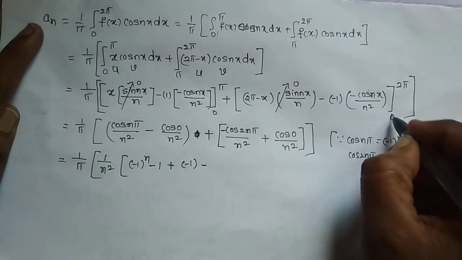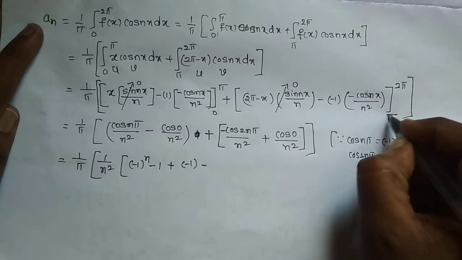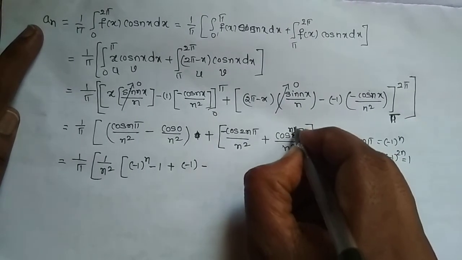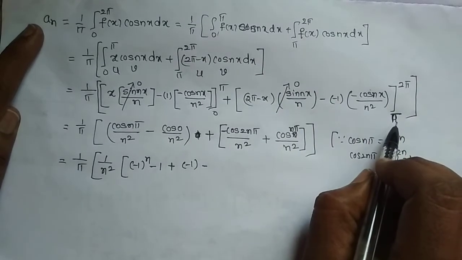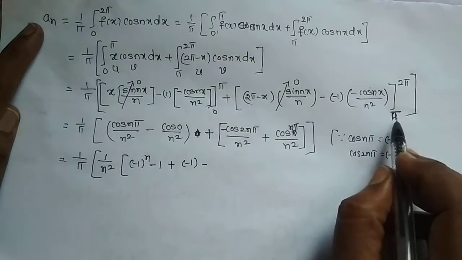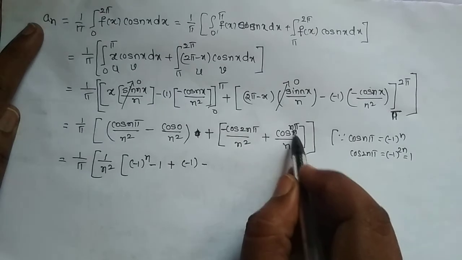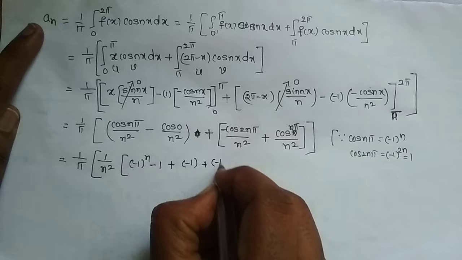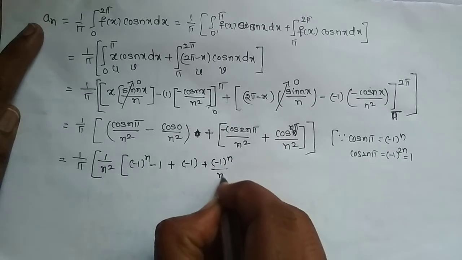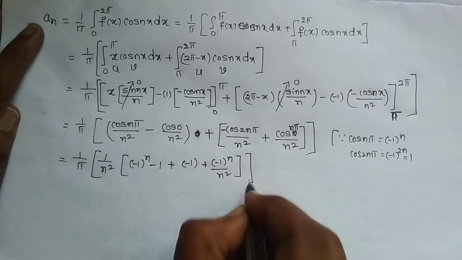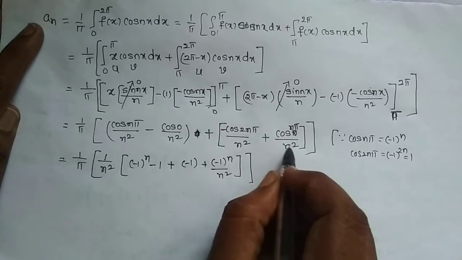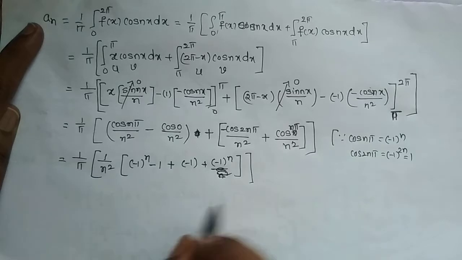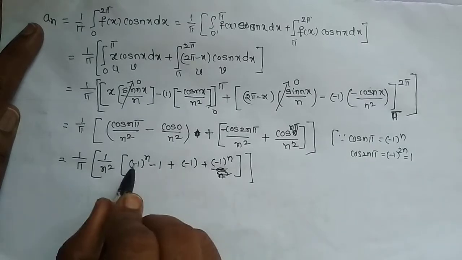Sorry, this is pi to pi. This is n pi, sorry. This limit belongs to pi to 2 pi. So here pi, the second limit is cos n pi by n square. That means plus minus 1 whole to the power of n by n square. So n square is already common, only minus 1 whole to the power of n. So two terms are repeated.